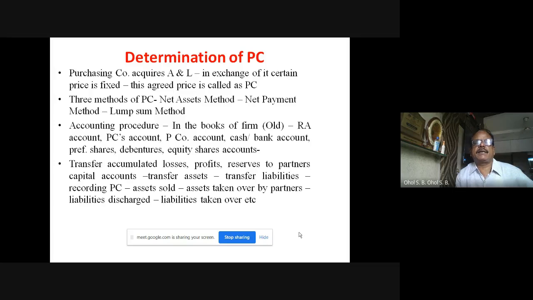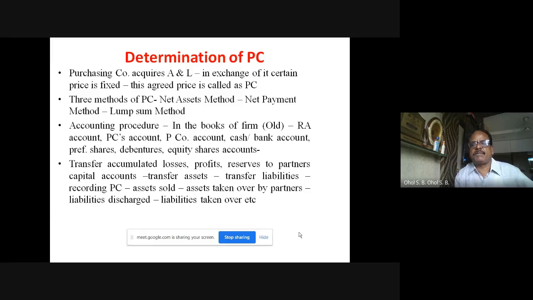So purchasing of company, that is, the purchasing company acquires assets and liabilities of the partnership firm. Whatever may be the assets, whatever may be the liabilities that are to be held by the purchasing company, and in exchange of that, some amount is paid by the limited company to the partnership firm, and that is the agreed price which is called the purchase consideration.